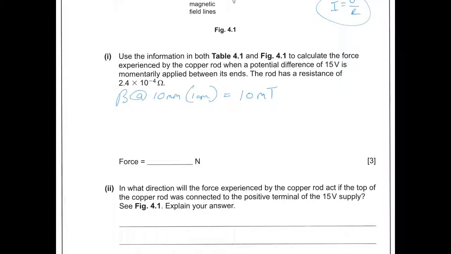So looking back at the table, the B at 10 millimeters, which is the 1 centimeter we're interested in, is 10 milliteslas. L we've got from the diagram, and I is going to be just V over R, these numbers that we've already got.